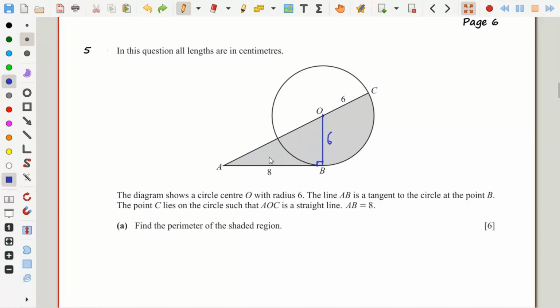All right, so let's find the length of AO. If you are using the Pythagoras theorem, AO squared is equal to A squared plus C squared. Yes. Let's find the square root of both sides and see.